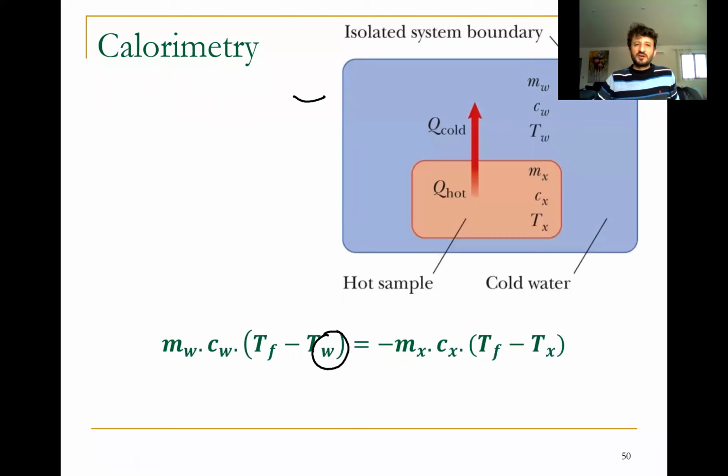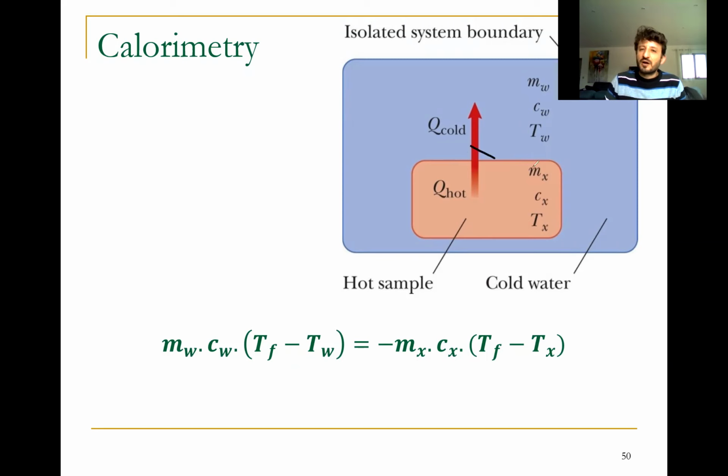Let me repeat the same information. Here we have an unknown object, a sample. I don't know the identity of this element, and I don't have any idea about its specific heat. If I have the value of Cx, I can know the identity of the object.